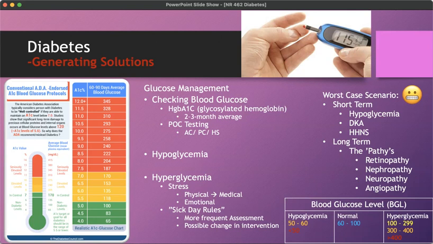There are a lot of different abbreviations for the same hyperosmolar hyperglycemic syndrome, which is most common with our type 2 diabetics. In the long term, the worst case scenarios are the pathies that we need to look out for: retinopathy, nephropathy, neuropathy, and angiopathy are the big complications of uncontrolled diabetes long term.